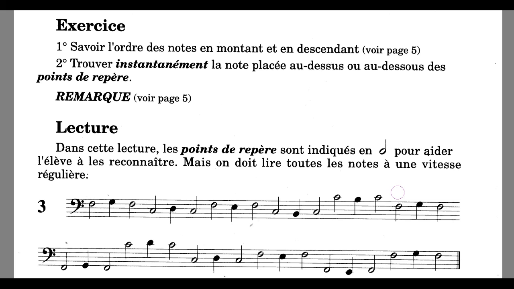Those open note heads here are just there to remind us that those are anchor notes, that those are fas and dos, just so visually we see that. But when we actually perform this, we're going to be performing it at a steady tempo. Fa, sol, fa, do, re, do, fa, mi, fa, do, si, do, and so forth.